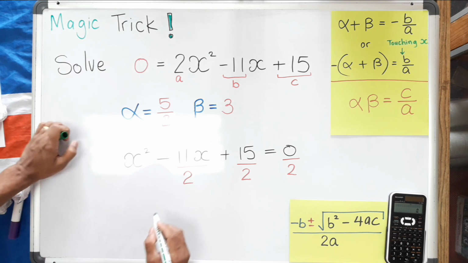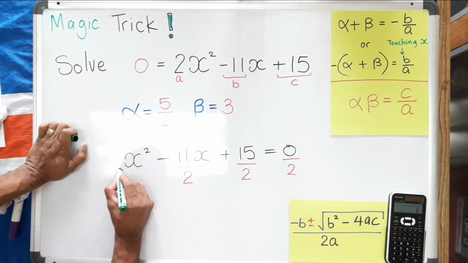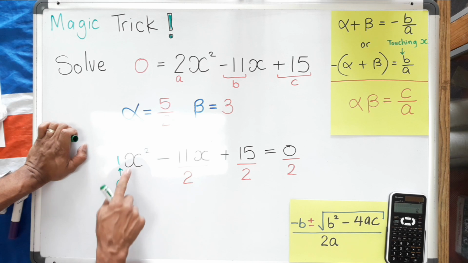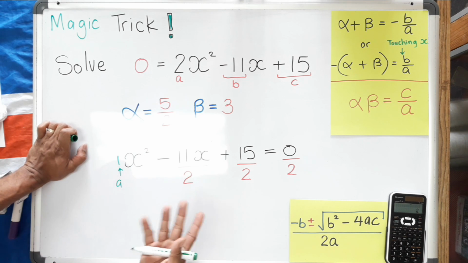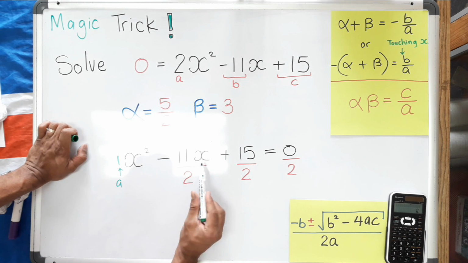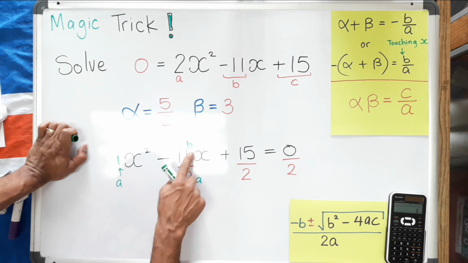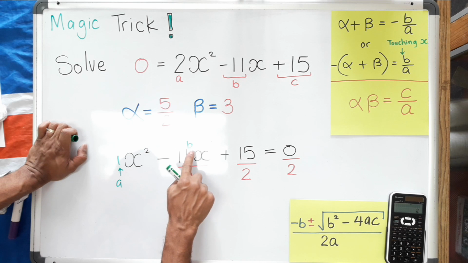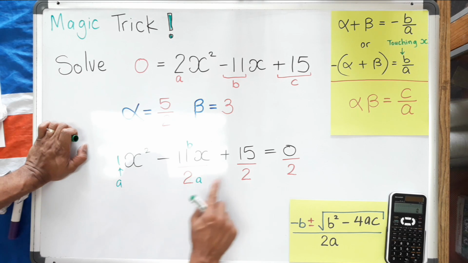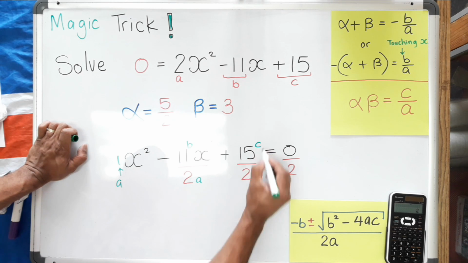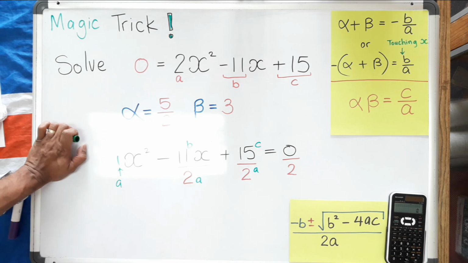So technically, our a value now is 1, because if there's nothing touching the x squared, it is automatically 1. And over here, we are really dividing b by a, because b was minus 11, and over here, we're really dividing c by a.